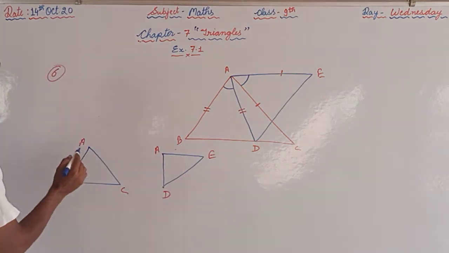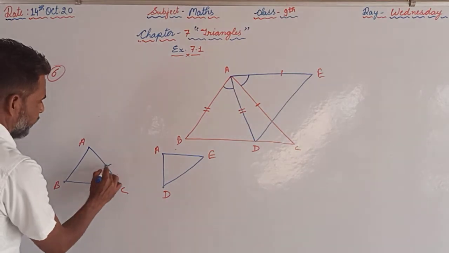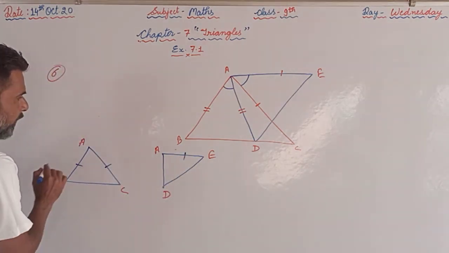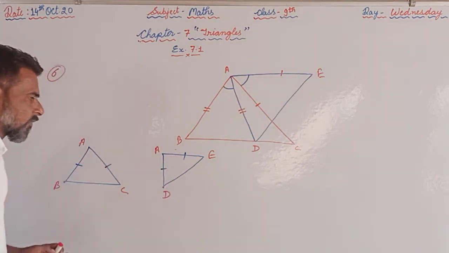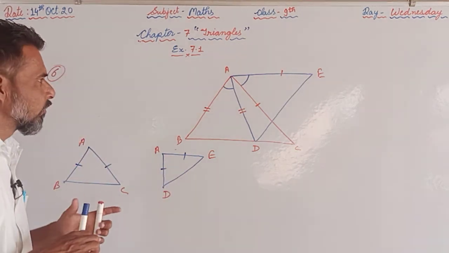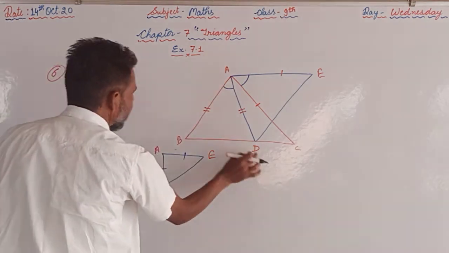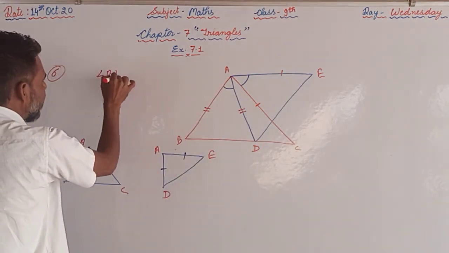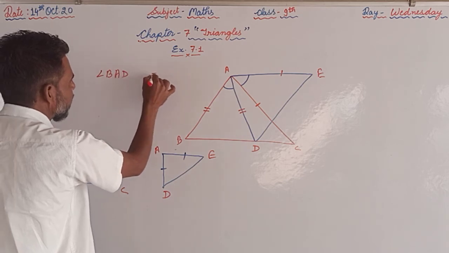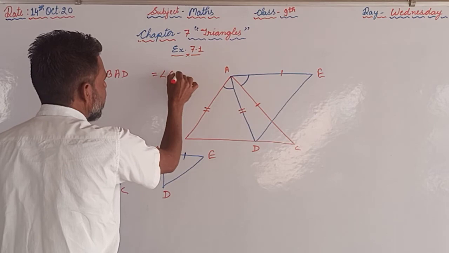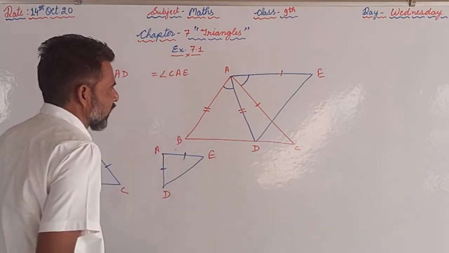Now in this, it is given that AC is equal to AE and AB is equal to AD. Now two things are given, we are supposed to search the third one. So the third one is given there, angle BAD is given equal to angle CAE.